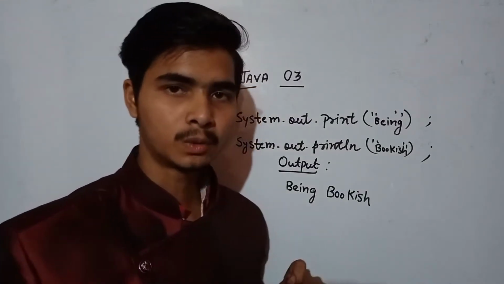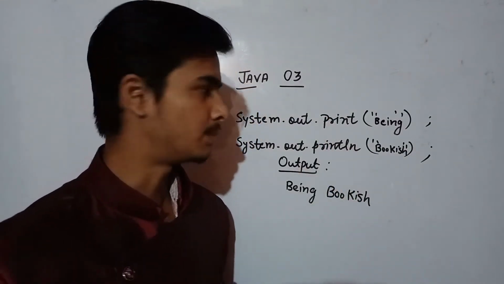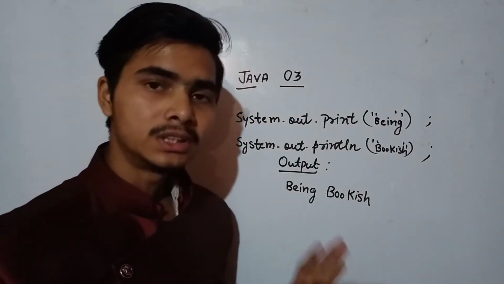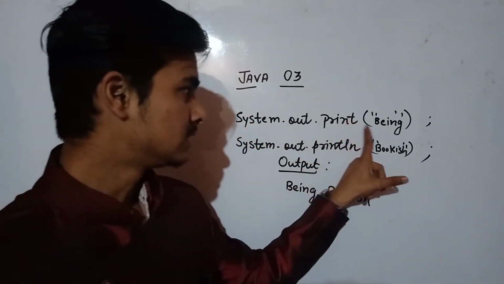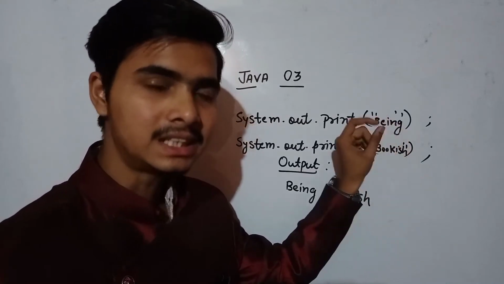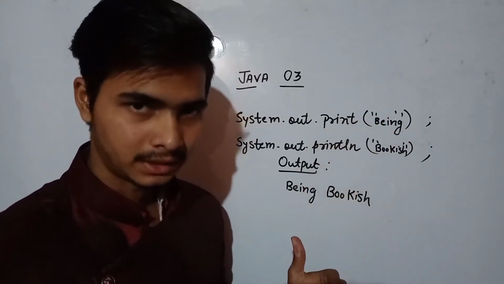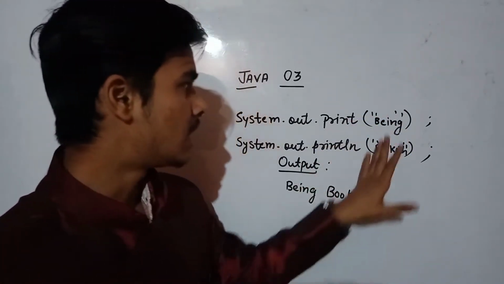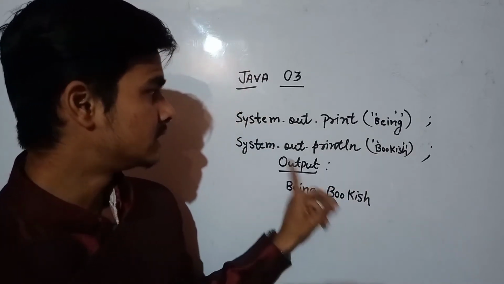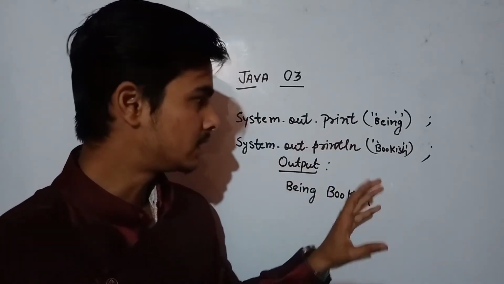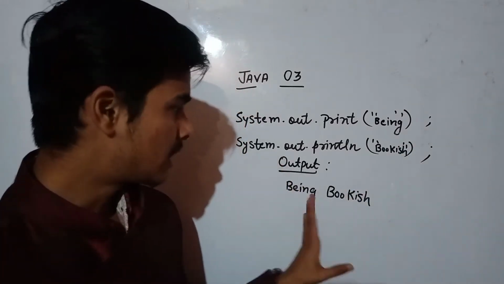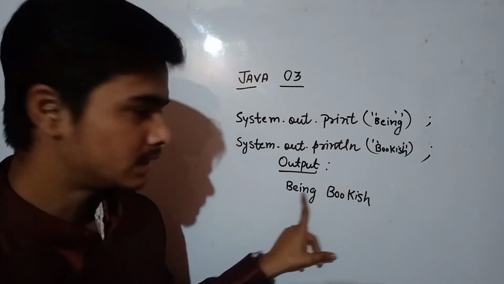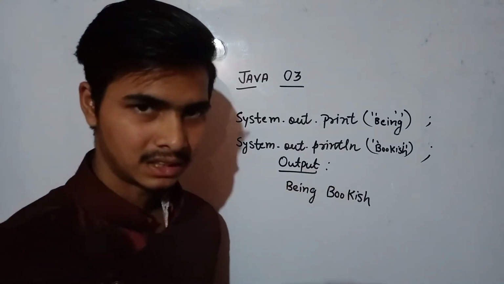The output is like this because after printing this statement, it did not give any new line. That means the new print statement written after it got printed right after this statement.